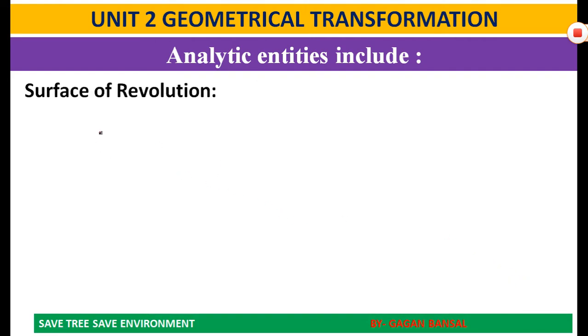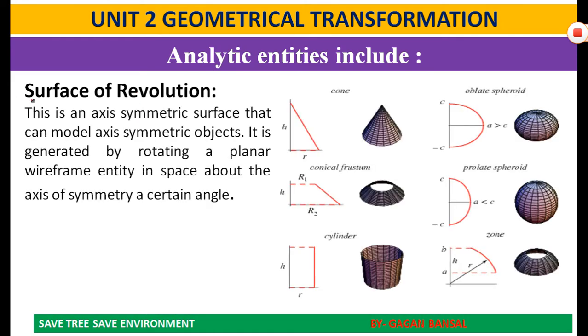Next is surface of revolution, very important and very effective while designing. This is an axis symmetric surface that can model axis symmetric objects. It is generated by rotating a planar wireframe entity in space around the axis of symmetry through certain angles.